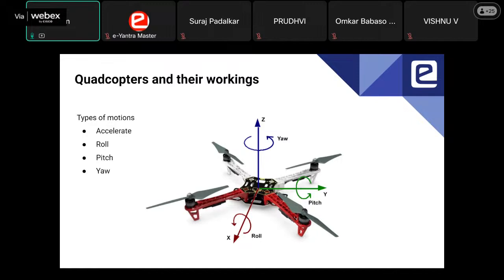The first type of motion is accelerate, when the drone goes up from the rest position, or when it comes down from a hovering position, you can call it decelerate. That is one motion, and that motion is in the Z direction. Then the other motions are roll, pitch, and yaw, which I will explain.